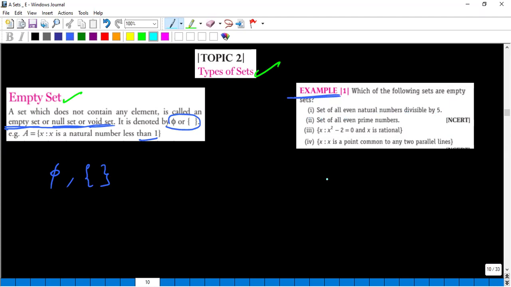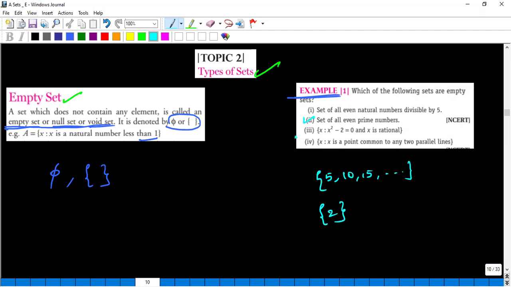Of course, natural numbers which are divisible by 5, like 5, 10, 15 and so on. So it is not an empty set. Question 2, set of all even prime numbers. We have such a set, like 2. 2 is an even prime number, so it is also not empty.